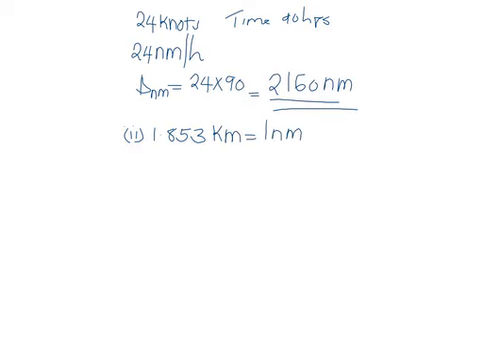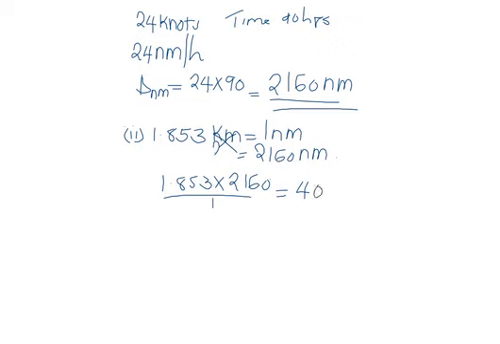So for 2,160 nautical miles, we can cross multiply, and this gives us 1.853 multiplied by 2160 divided by 1, which is equal to 4,002.48 kilometers.